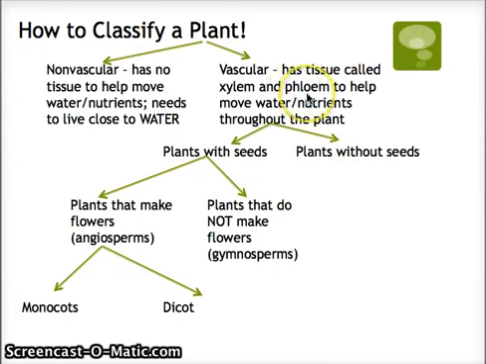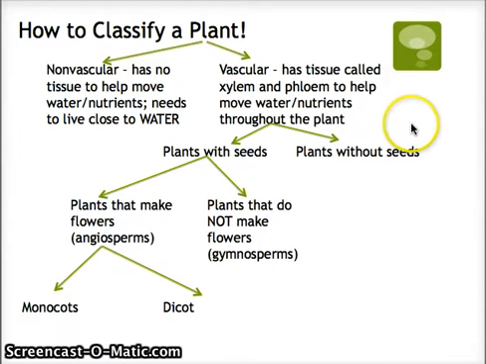Phloem moves nutrients down the plant, so every cell has nutrients. So xylem, water up; phloem, nutrients down. That's the first, most broad classification, classifying a plant as either non-vascular or vascular.